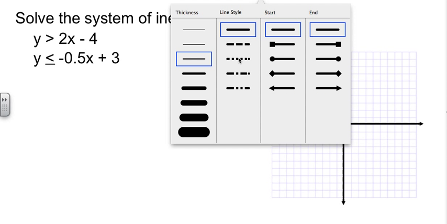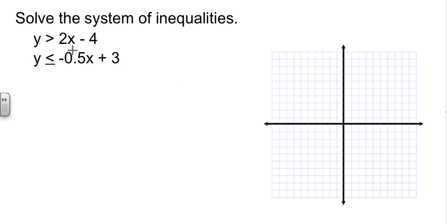I have to tell my machine to give me a dotted line because it's not or equal to. We start at negative 4, and we have a slope of 2 in this case. So starting at y equals negative 4 with a slope of 2, that's up 2 over 1.